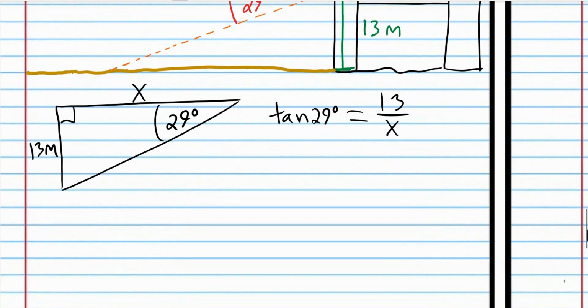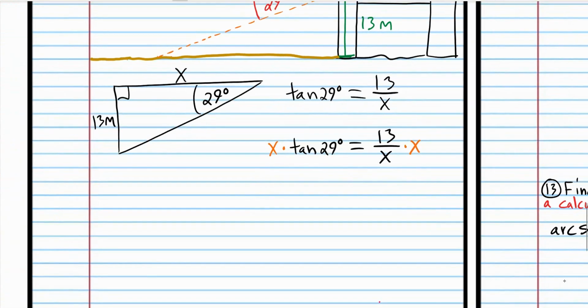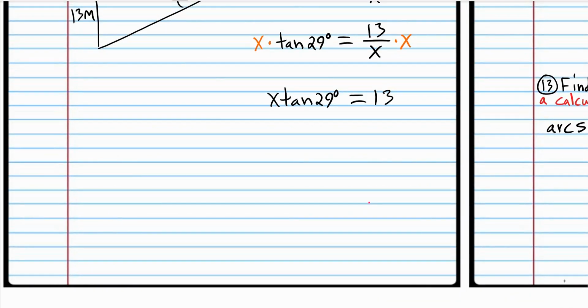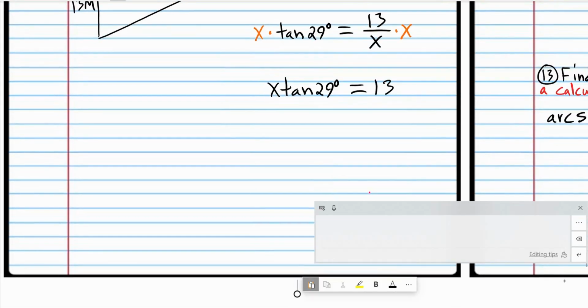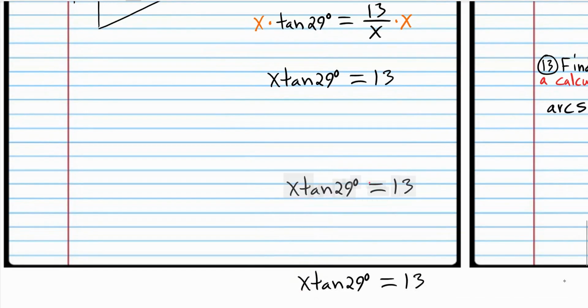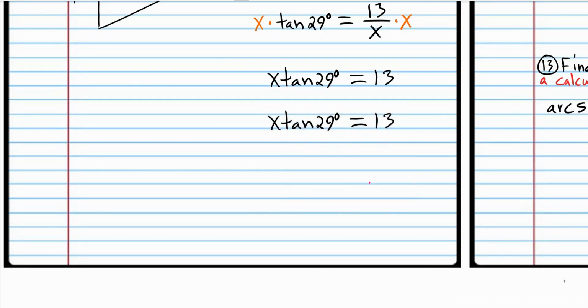Now you don't have to show all this mathematics, but we're going to multiply both sides of the equation by x. Students typically have a lot of trouble solving these simple equations. There's a lot of different ways to do it, and students tend to get confused. Now we can divide both sides by tangent 29, and we'll have an expression that represents our answer.